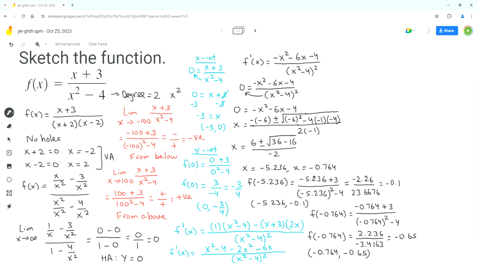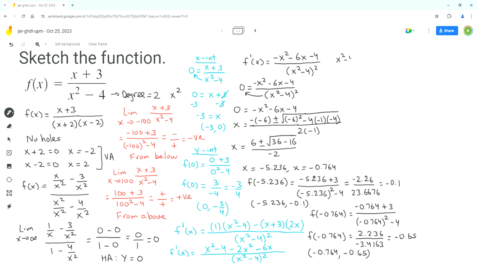Now we can find the critical numbers at which the first derivative is undefined. So we got the first derivative in the form of a fraction. So the x values that will make the derivative undefined are the ones that will make the denominator equal to 0. So in the denominator we have x squared minus 4.